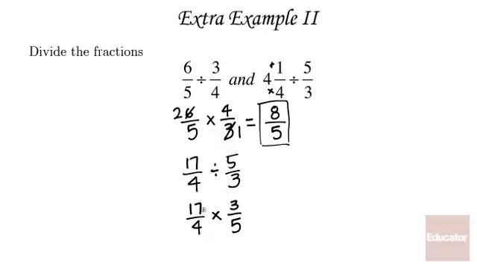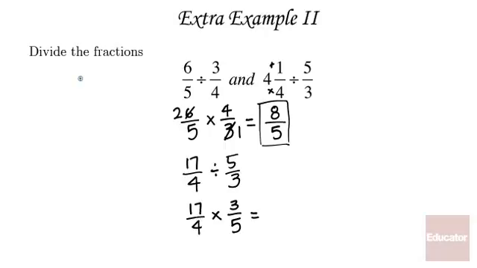From here, let's see, 17 with 5, no, they don't have any common factors. And 4 with 3, nope, no common factors besides 1. So I have to just solve it out, 17 times 3, and then 4 times 5.